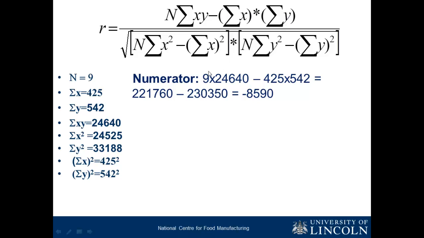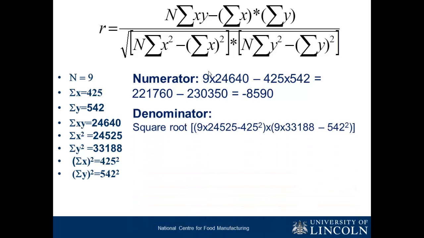Doing it this way, we make it simple for us. Now let's go to the denominator. In the denominator, we have the square root. Don't forget, square root of n, 9, times summation of x square. Our x square summation is this one, 24525. And minus summation x squared.